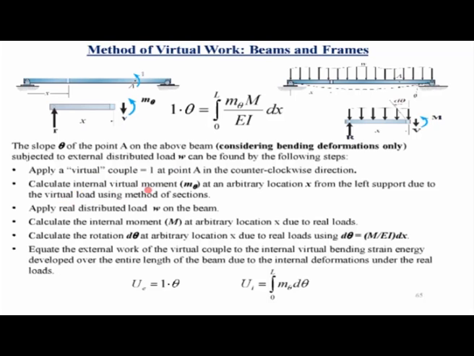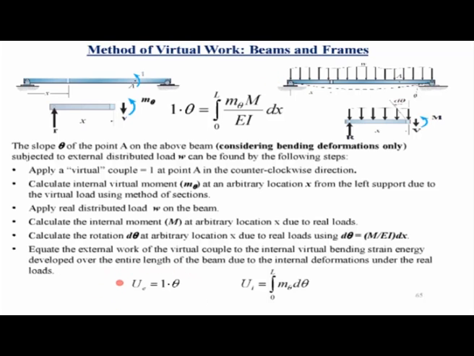The next thing is you calculate the internal virtual moment m theta at any section x from the left support, apply the real loads on the beam, calculate the internal moment M at any distance x from the support, then calculate the rotation of that section using the formula d theta equals M by EI. Then again equate the external work. In this case it is the external virtual moment and the rotation at that point due to the external load.